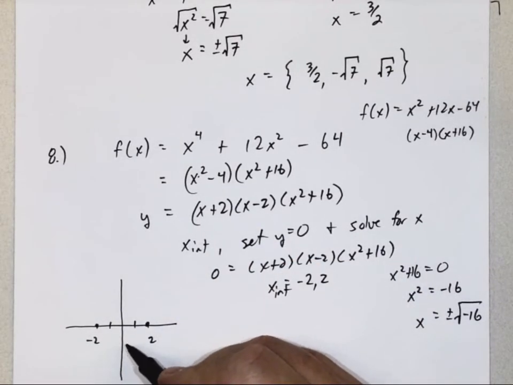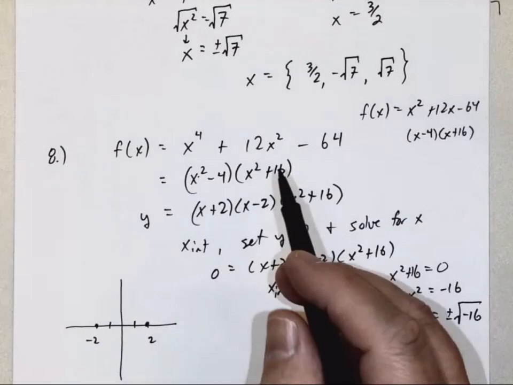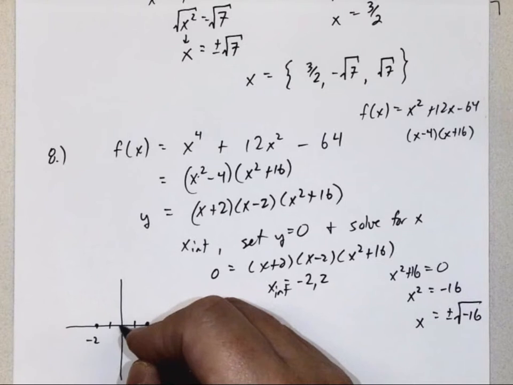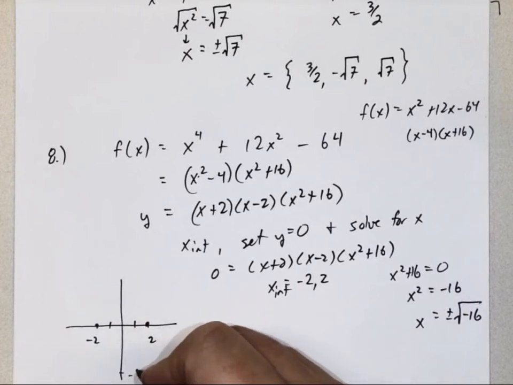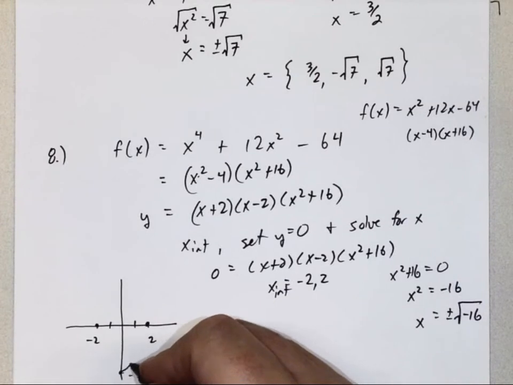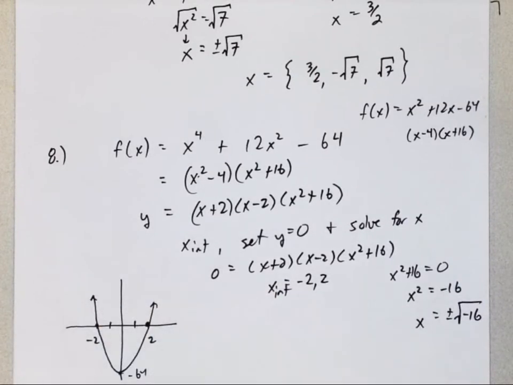You can plug in a couple points. I guess the question is, would this open up or open down? But like I said, if you put in x equals 0, you get -64. So it's like you're way down here. So it's pretty clear. You end up with a graph like this.